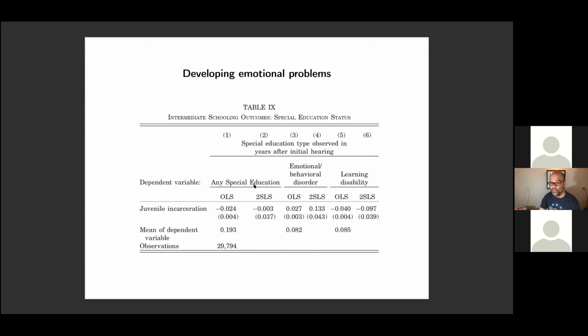Well, they're not being placed in special education, but they are being identified as having an emotional problem. They're 13.3 percentage points more likely to show emotional behavioral problems. They're actually shifting them out of learning disabilities and calling them emotionally disturbed.